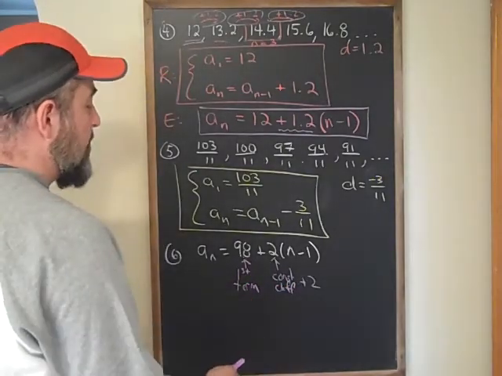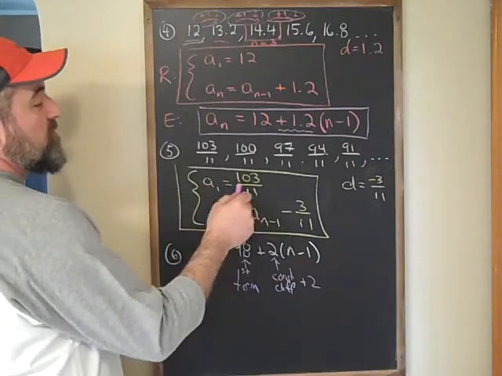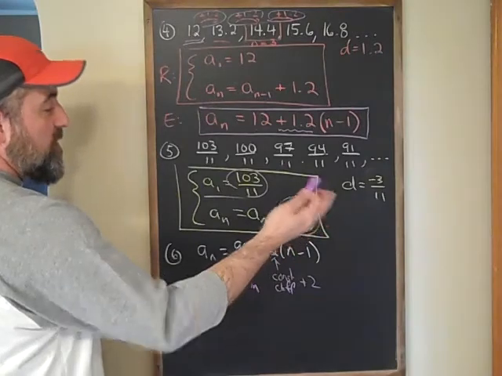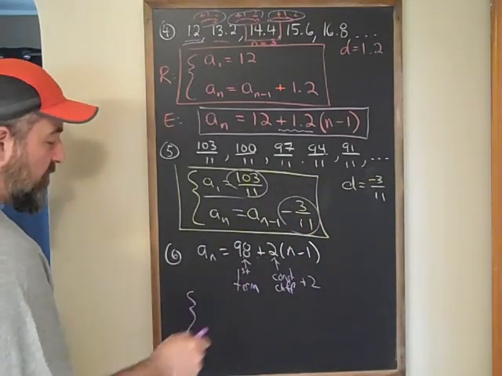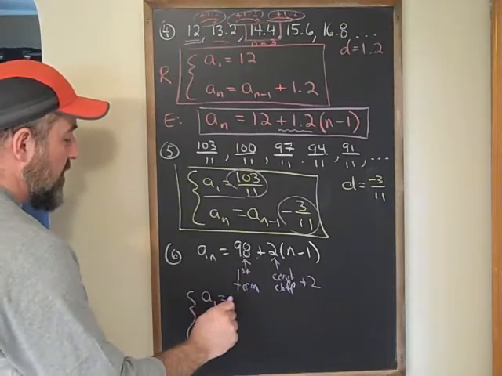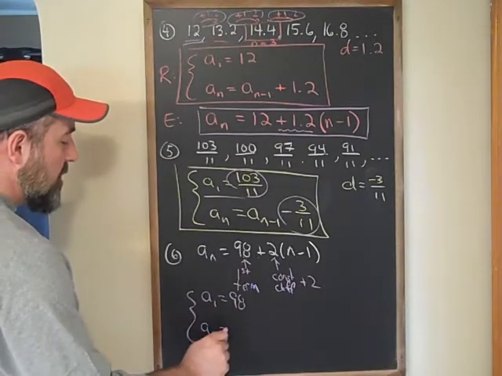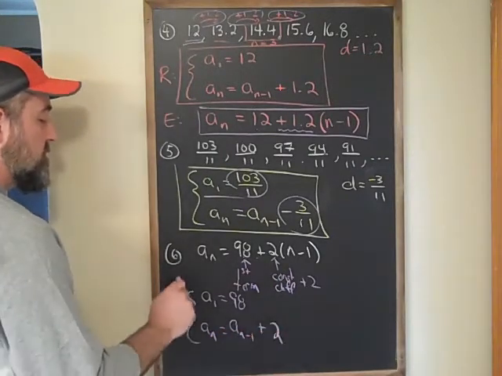If you've got that information, you've got the information that's used in a recursive formula. It tells you what the first term is, and then what that constant difference is. So you could just jump to saying the formula for this is the first term is 98, and the new term is the previous term plus 2.